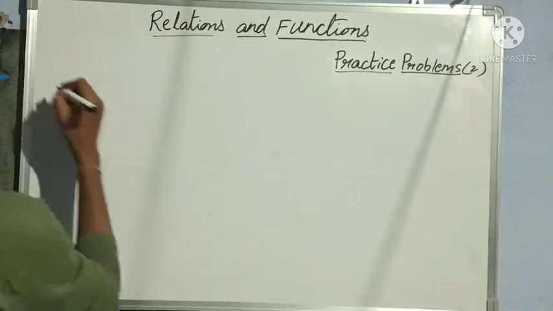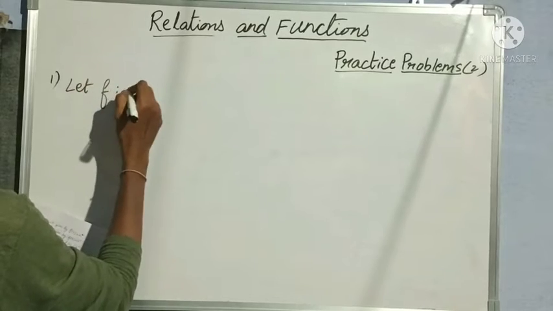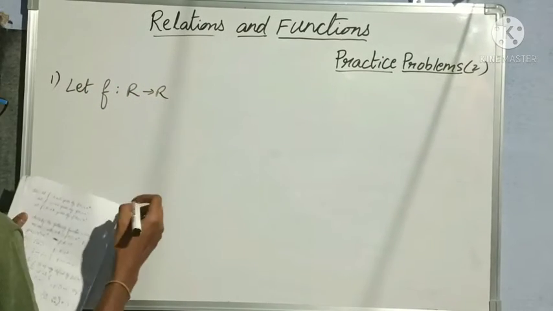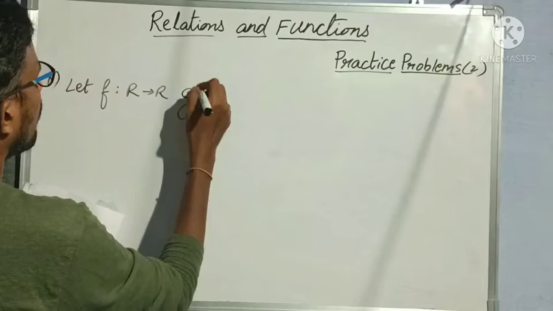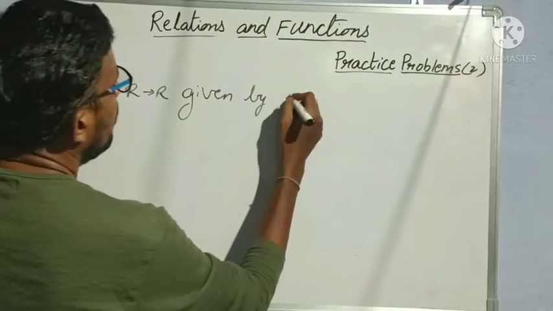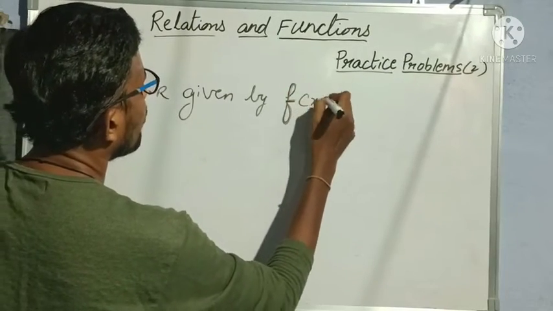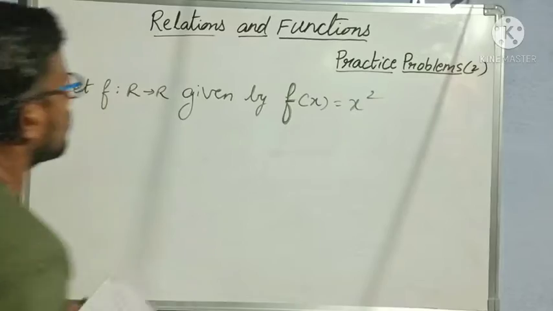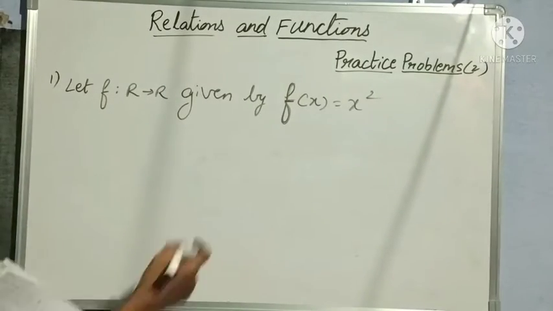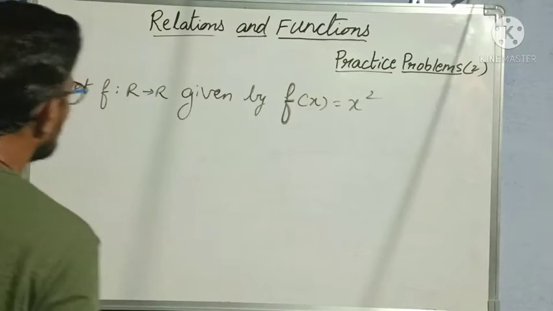My first question goes like this. Let f from R to R be given by f of x is equal to x square. Now we have to see whether this function is one one, many one, onto and into.